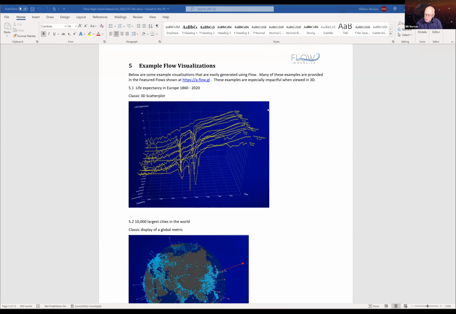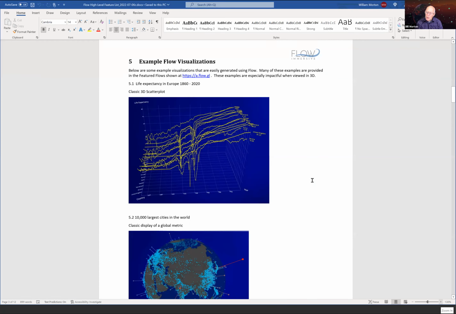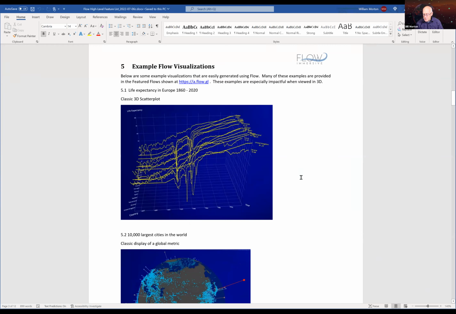Okay, so this first chart here is life expectancy in Europe from 1860 through 2020. I'm just going to make my screen a little bit larger here. This is a very classic, what we call 3D scatter plot. Along the x-axis, we've got a timeline that runs from like 1840 through 2020.